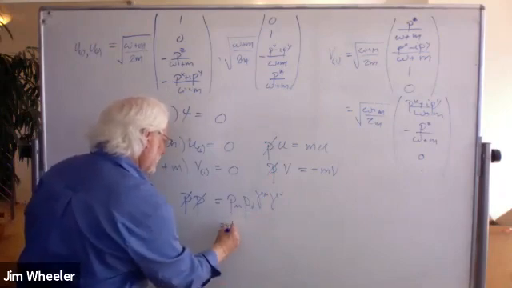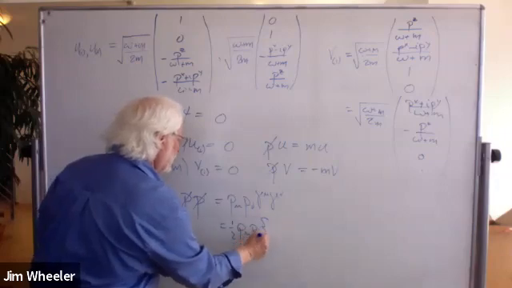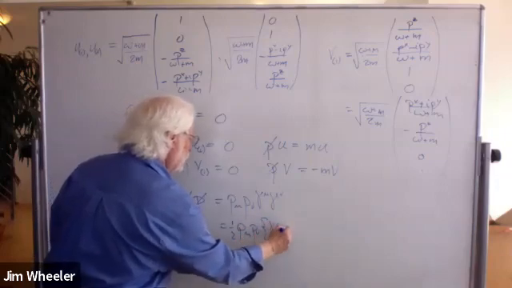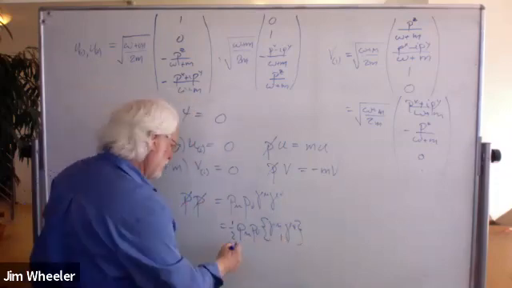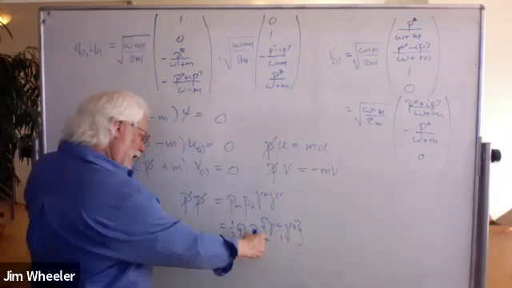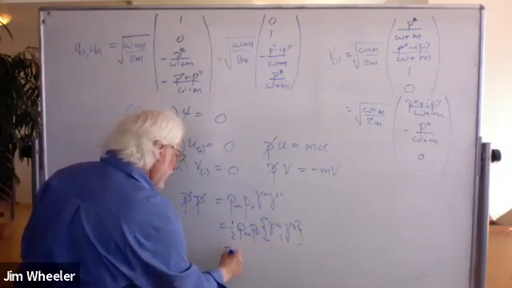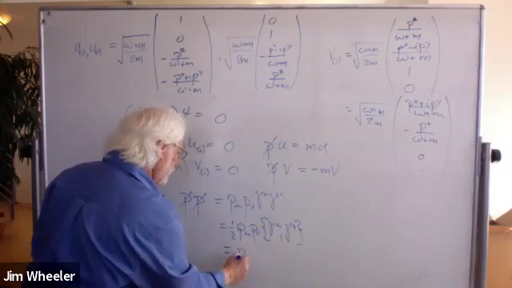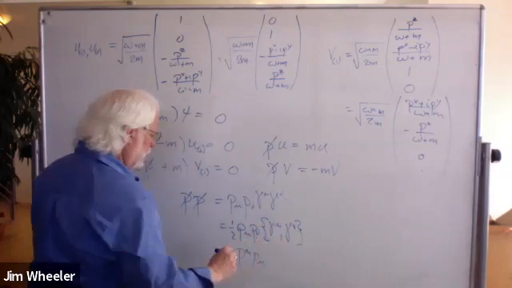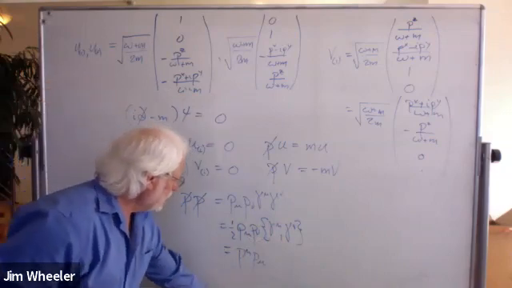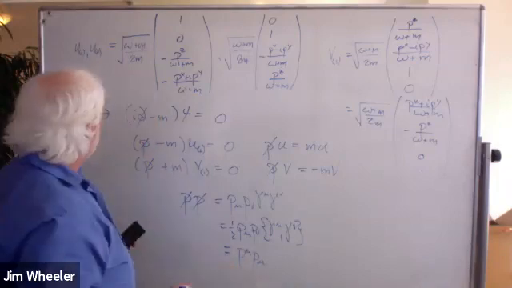So I can write this as a half p mu, p nu times the anti-commutator. Stop me if you want me to go into any further detail on this, but that's just twice the metric. And so the two cancels and we just get p mu, p mu. So p-slash squared is p squared.